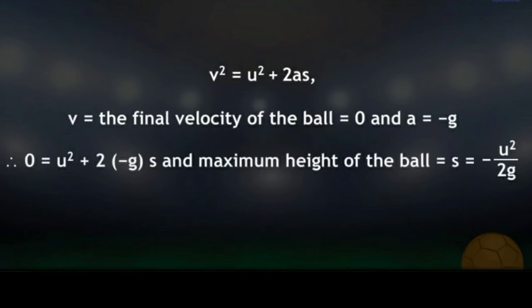Therefore we can write 0 is equal to u square plus 2 times minus g times s, and the maximum height of the ball, what is it? s is equal to u square upon 2g. So the higher the initial velocity, that is u, the larger is the height reached by the ball.